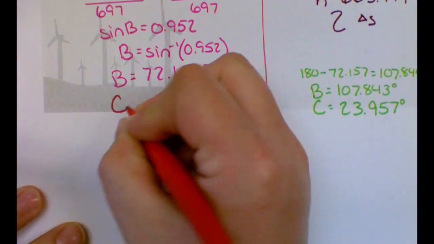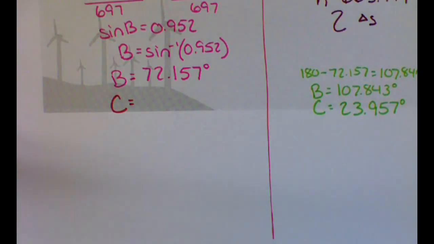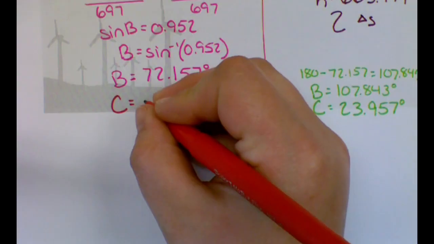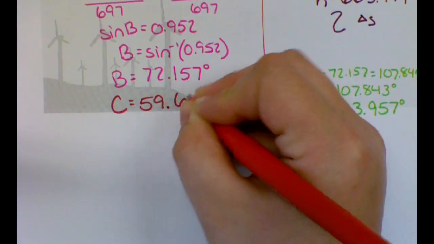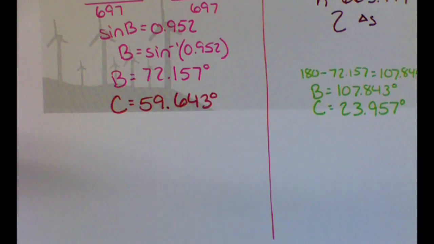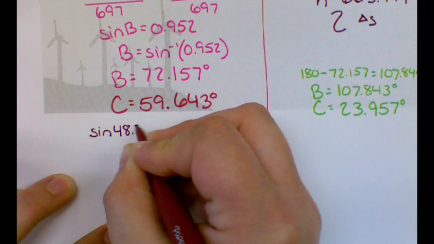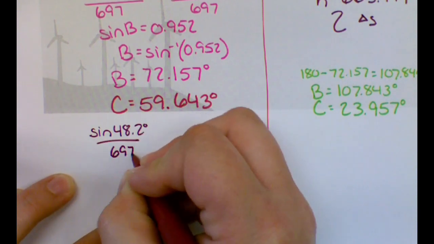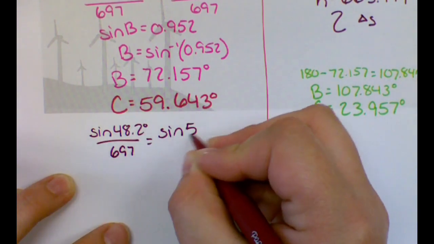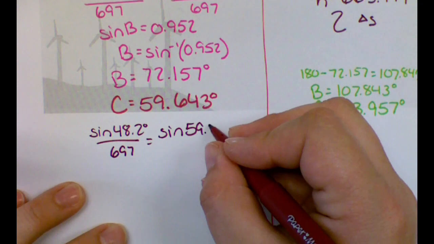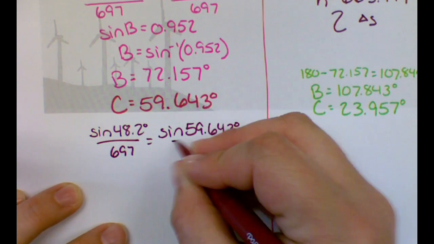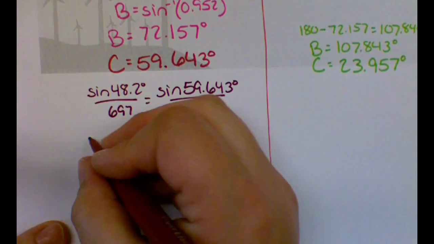Let's find angle C. We'll just take 180 minus the 72.157 and the 48.2 we started with. Angle C is 59.643 degrees. And then we'll set up our proportion. Go back to your anchor, which is the sine of 48.2 over 697, and use C as sine of 59.643 over C. Cross multiply.